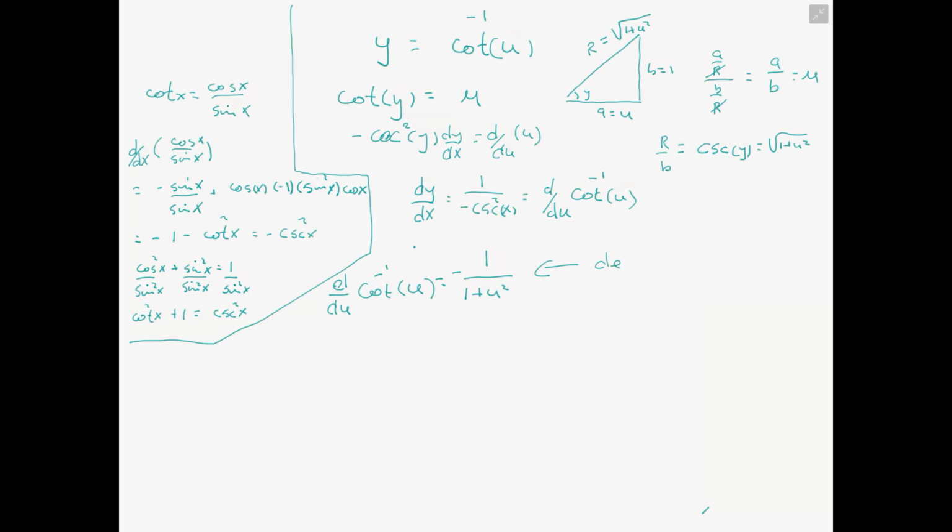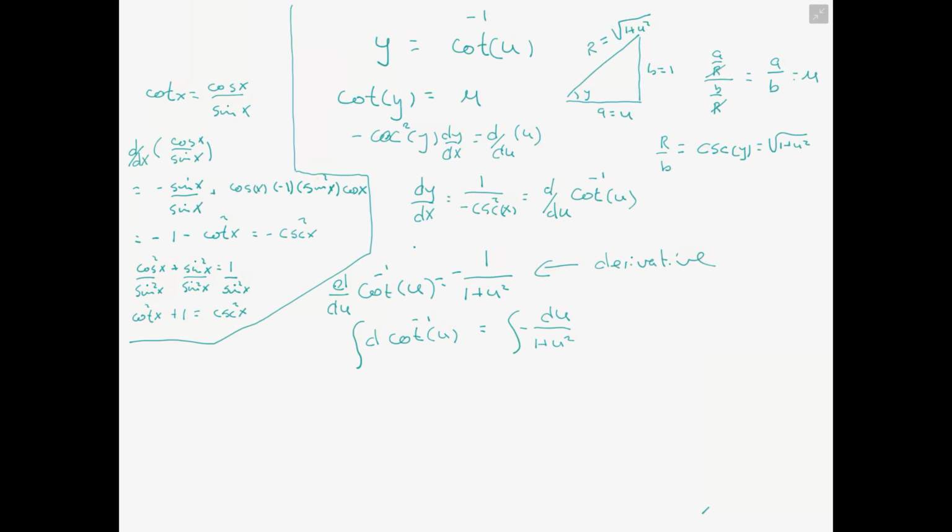So that's our derivative. Now, if we multiply across, we got d arccotangent u equals minus du over 1 plus u squared.